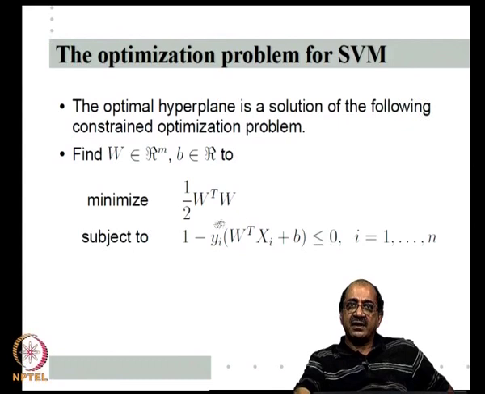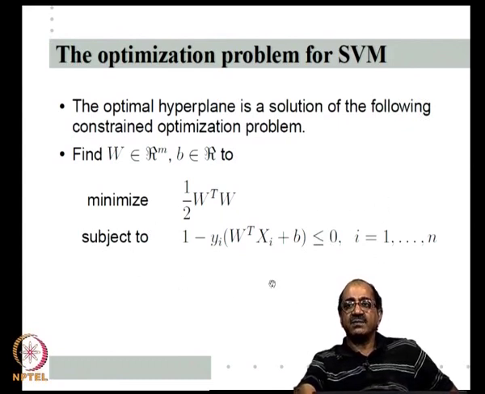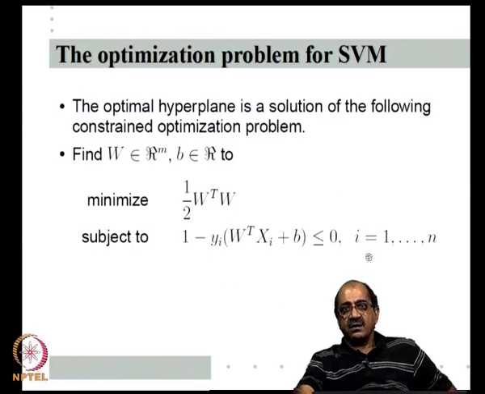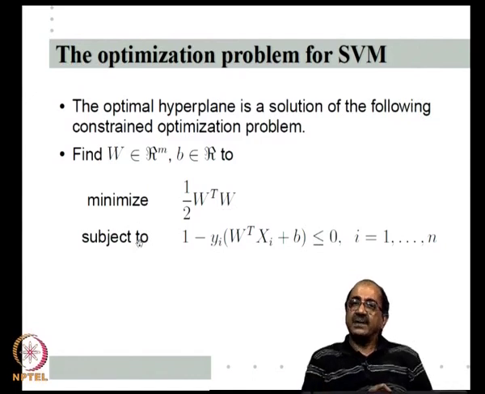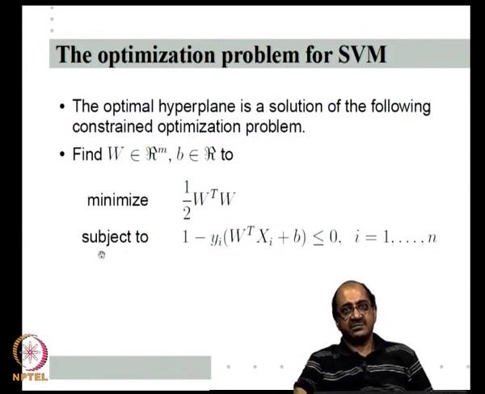So, a separating hyperplane for which the margin of separation is given by 1 by norm W, that is, any (W, b) that satisfies this constraint will be a separating hyperplane for which the closest pattern is 1 by norm W away.